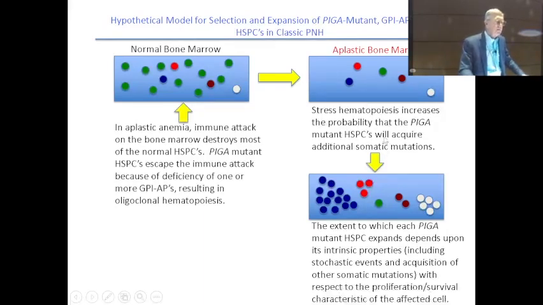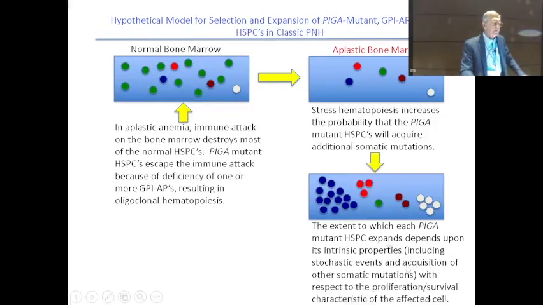So something happens, probably related to stress hematopoiesis, that results in additional expansion of the PIGA clones. This expansion would probably depend on a number of factors that would include so-called stochastic processes that are part of the intrinsic properties of the stem cell.